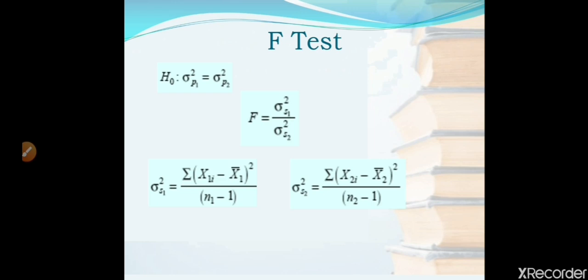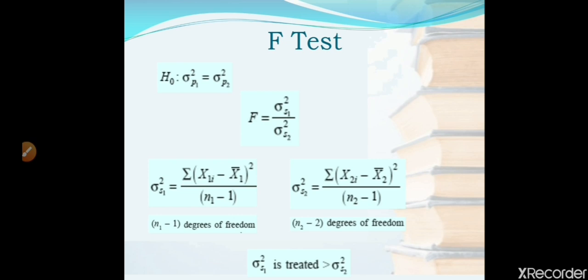denominator. Again, the degree of freedom for population 1 is n1 minus 1, where n1 is the sample size for population 1, and the degree of freedom for population 2 is n2 minus 1, where n2 is the number of items in the sample of population 2, and we treat sigma s1 square as greater than sigma s2 square.